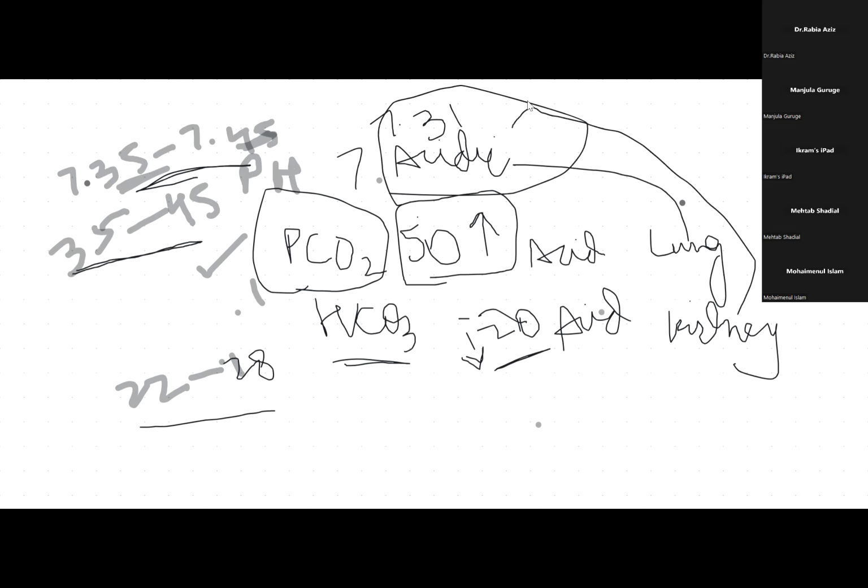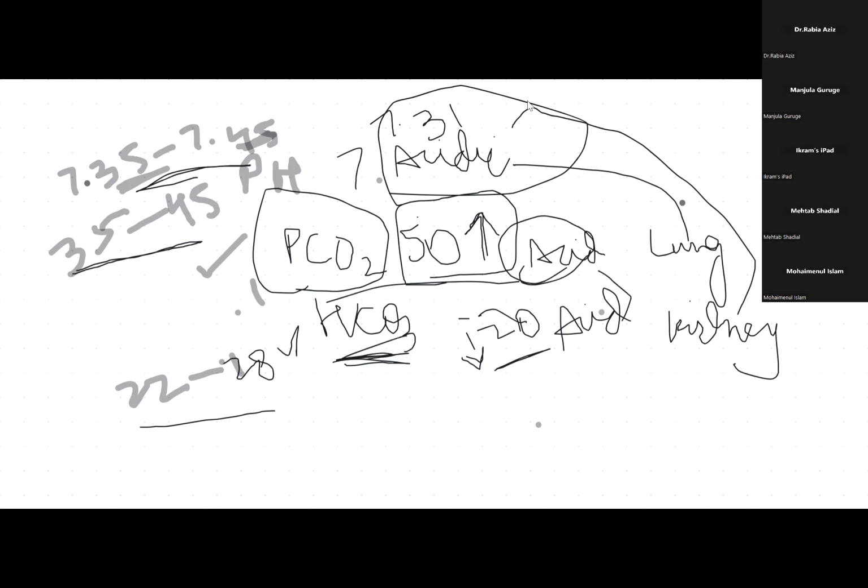Ideally, mixed. Ideally, when this is rising in the body, it is creating an acidic medium, then this should be creating a basic medium to neutralize it, but here it is also decreased.